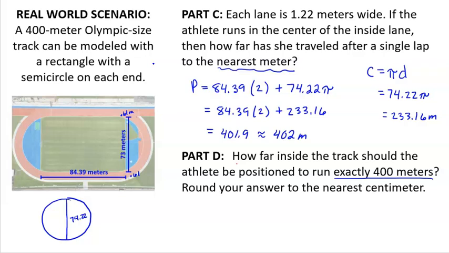And so instead of us calculating this all the way out, when we were just doing the 73 meters, right? When we had our diameter at 73 meters, we were at 398 meters total for the perimeter. When we added 1.22, we added another 4.